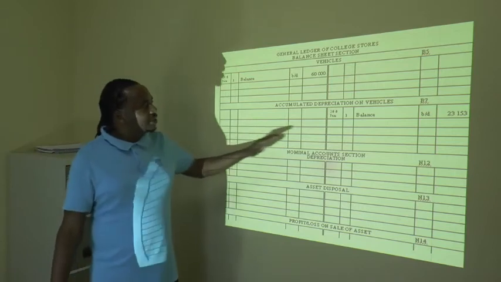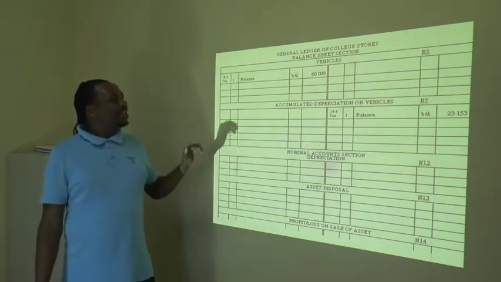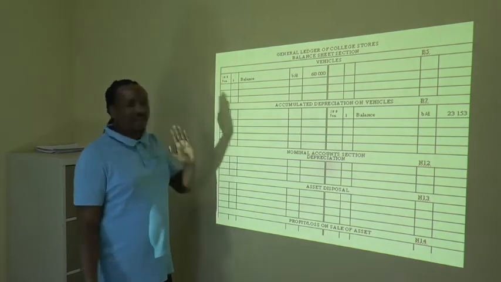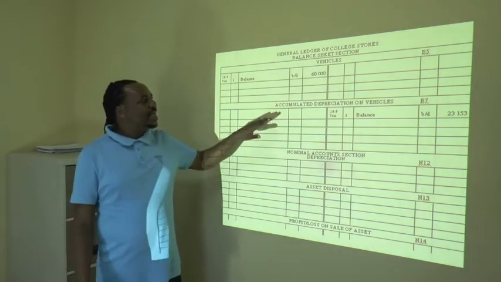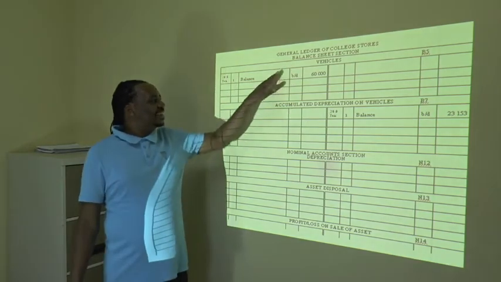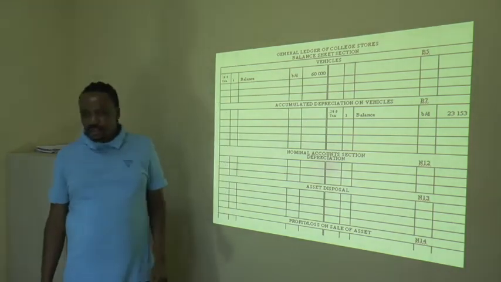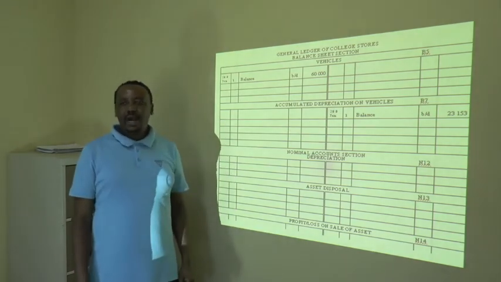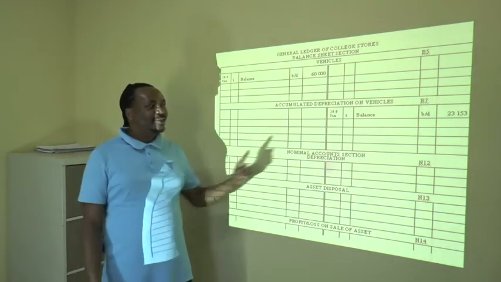And then accumulated depreciation. It's a balance on the credit side. This one has a balance on the debit side because a vehicle increases on the debit side, since it's an asset. This one is also an asset, but a special asset, a contra asset, a type of asset that increases on the credit side.